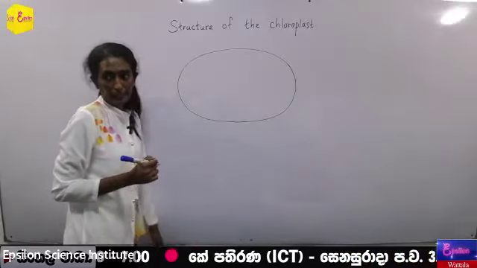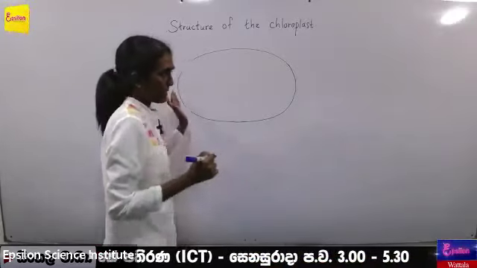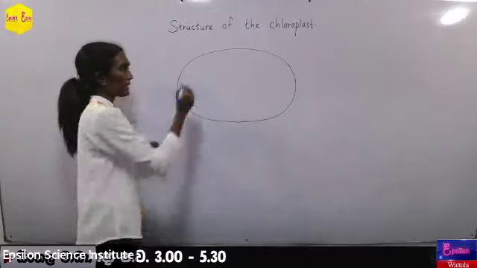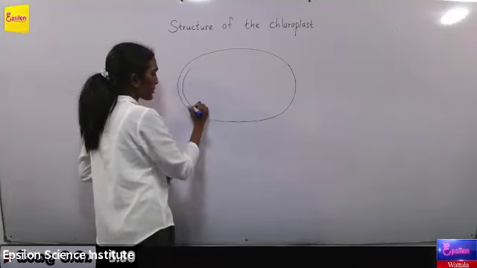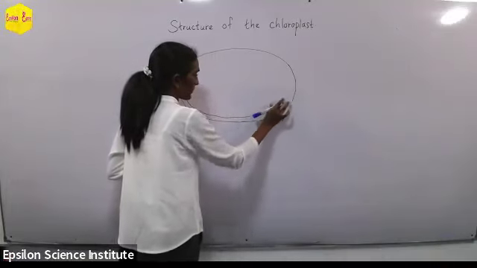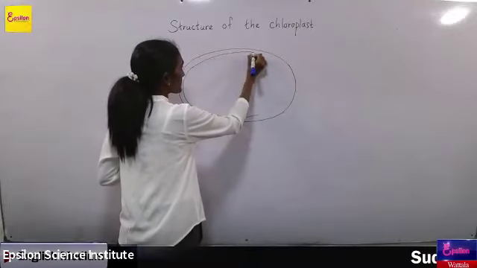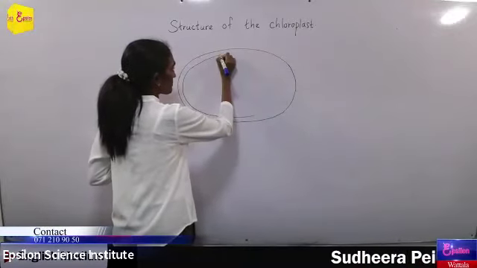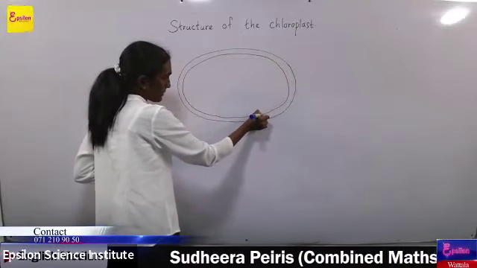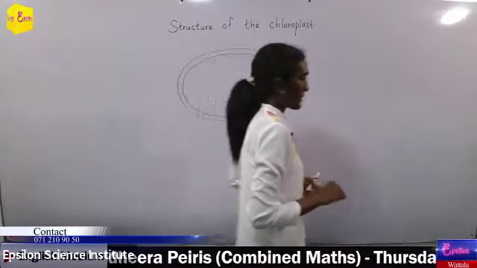That is also a double membrane bound organelle. So what is this membrane? Outer membrane. Inner to that, there's another membrane that is also smooth. Both the membranes are smooth here. So what is located in between these two membranes? Intermembrane space.